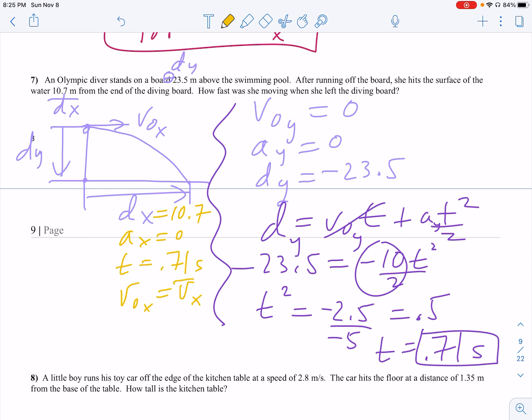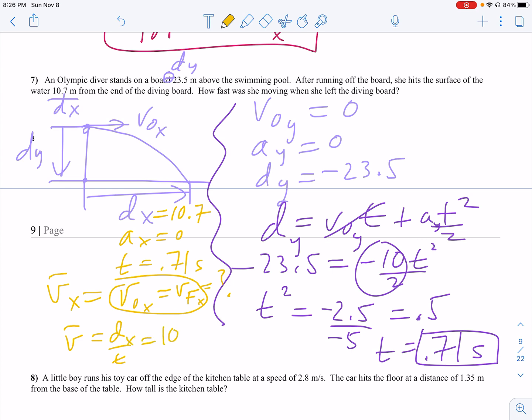So, I mean, I can do several things. VOX equals VFX. That's what I'm looking for. So, since these are constant, I'm just going to call that average VX. So, really all I have to do is average V is D over T. And so that's 10.7.